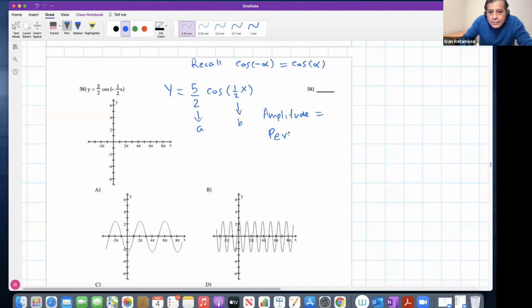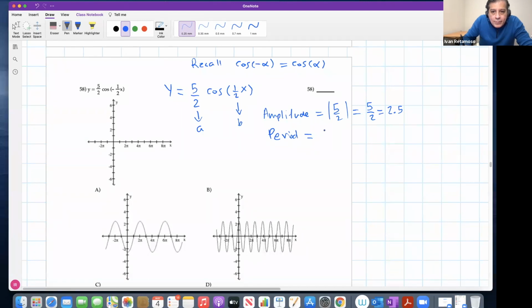All right, period and amplitude. Amplitude will be the absolute value of this guy, 5/2, that is just 5/2, right? That's the amplitude, 2.5 if you prefer. 2.5 units up, 2.5 units down.